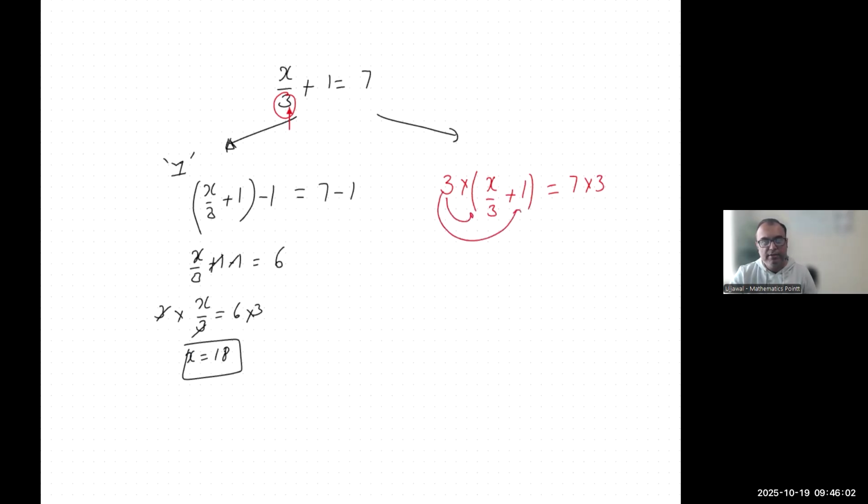So you have 3x over 3 plus 3, 1 times 3 is 3, equals 21. 3 gone. X plus 3 is 21. And take away 3, x equals 18. You see, it doesn't really matter what you're trying to get rid of. Let's do one more.